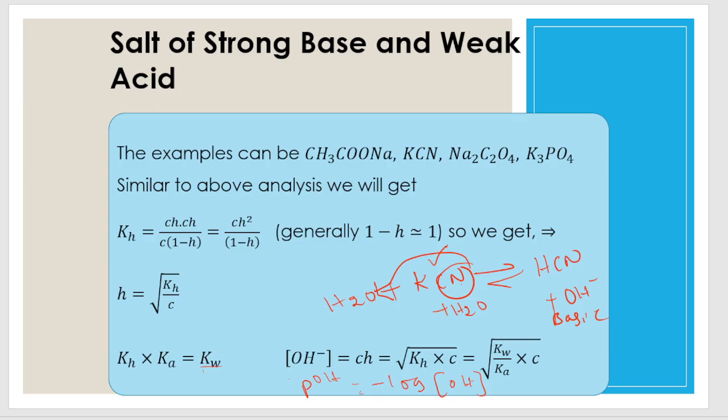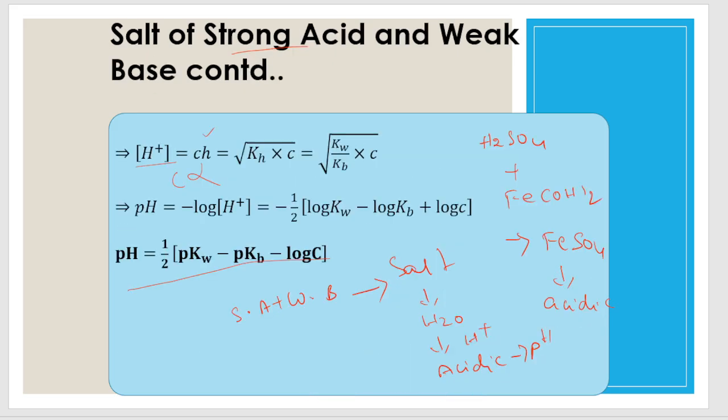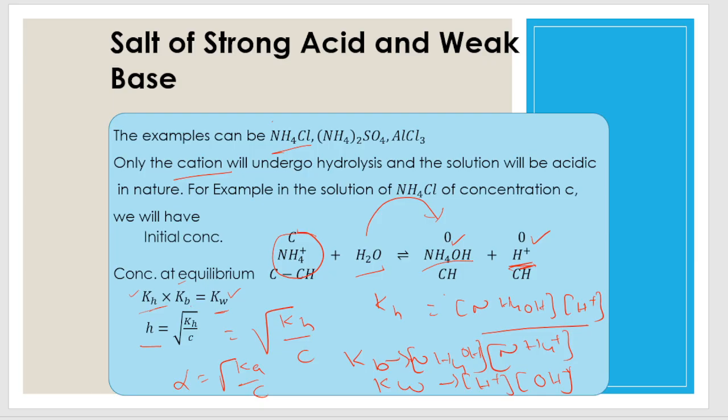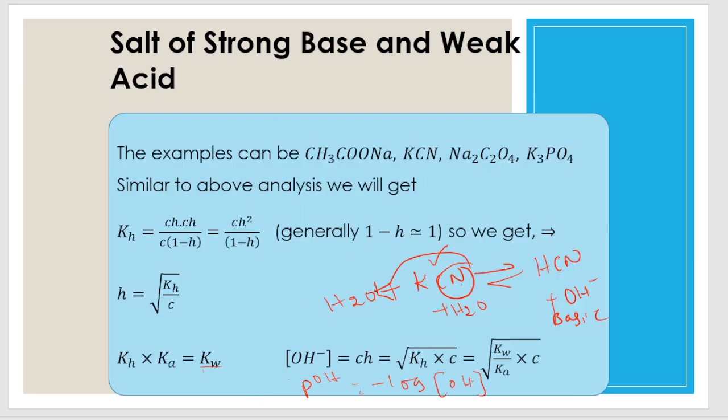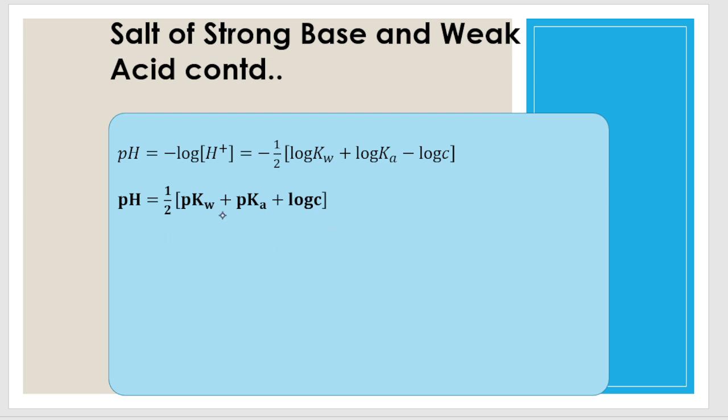So strong acid and weak base undergoes cationic hydrolysis, whereas strong base and weak acid undergoes anionic hydrolysis. Okay, and you can clearly see how to calculate the pOH and then pH for the strong base and the weak acid. Of course, you will have the formula in your book, but this is how all these formulas were derived.